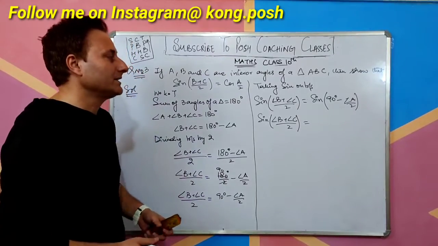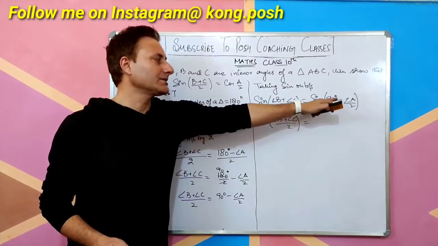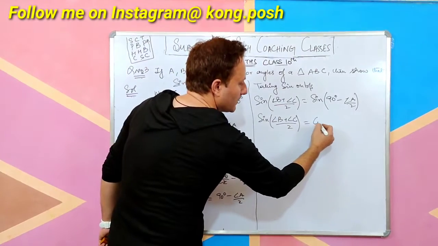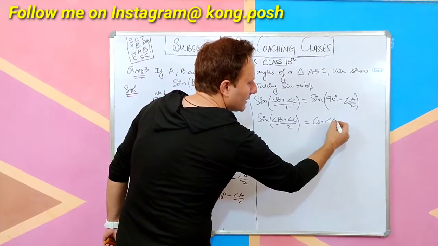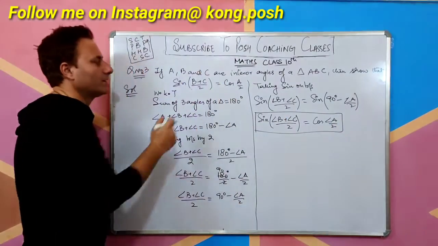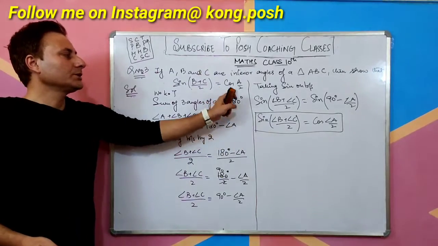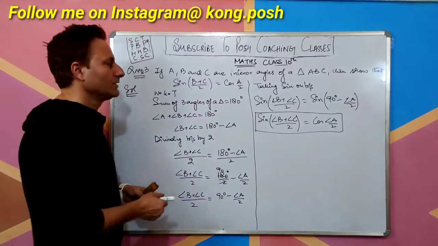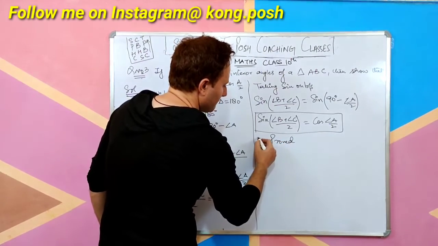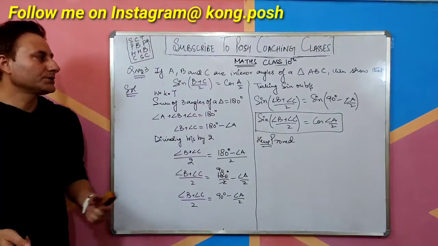This is an identity. So sine of 90 minus theta, where theta is angle A upon 2, is cos theta, I mean cos of angle A upon 2. This is what is required. So sine of (B plus C) upon 2 is equal to cos A upon 2. This proves the answer. Okay, so this is the question.